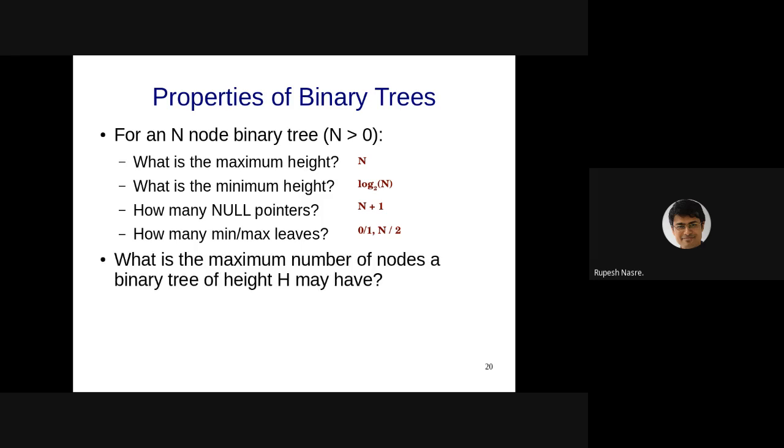Okay. So what is the maximum number of nodes a binary tree of height h may have? This is a kind of reverse question, but I would like to ask it in terms of the height. 2 to the power h plus 1 minus 1, Kasibhatla says.